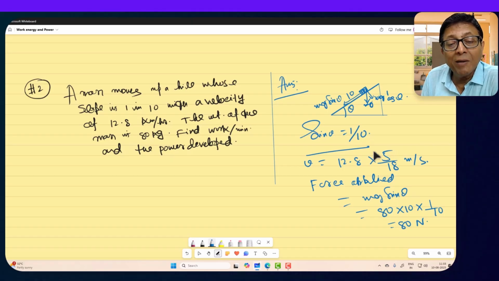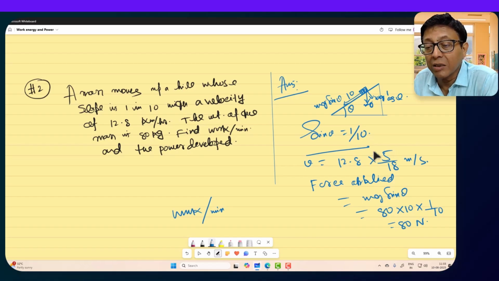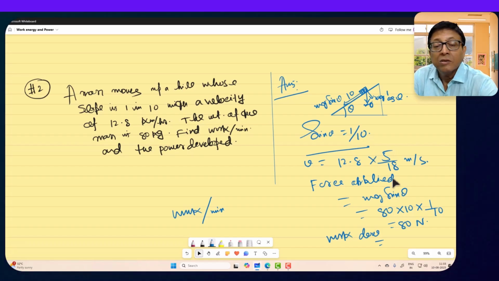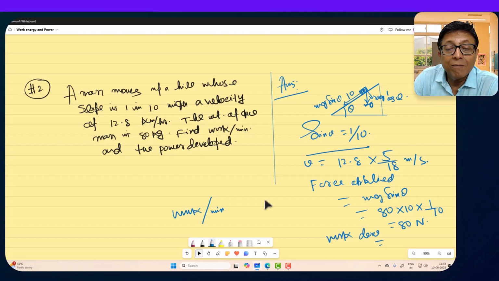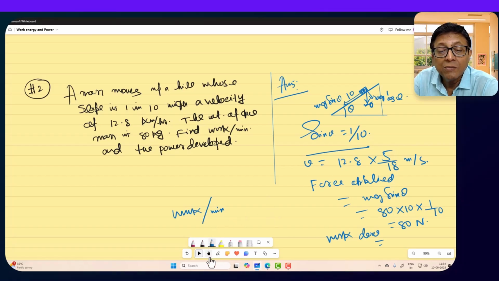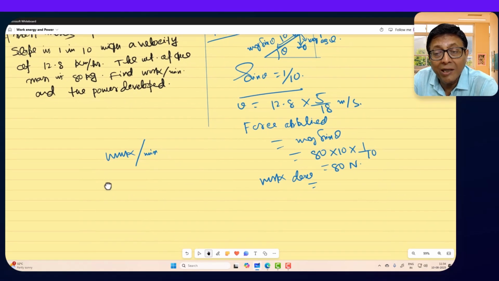Then work per minute. First find the work done. How to find it here? Instead of calculating the work done by the formula F into S cos theta, we write work done by an alternate formula.